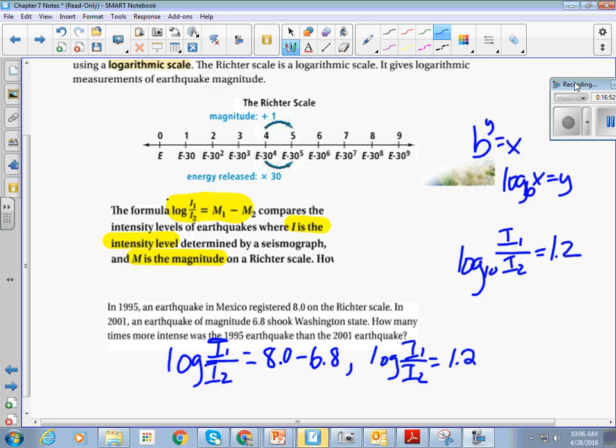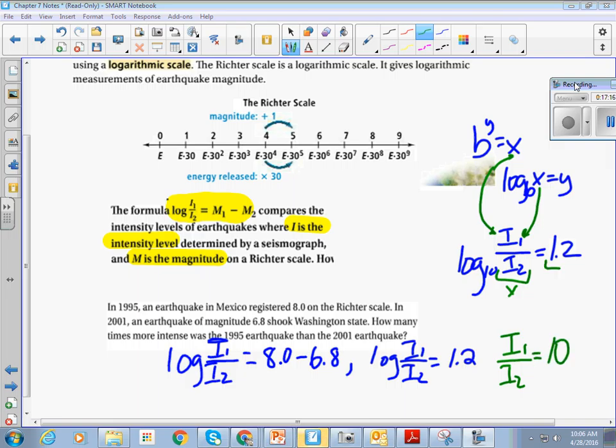So we're going to shuffle this around, and we're going to say I1 over I2 is the x. The base is 10.